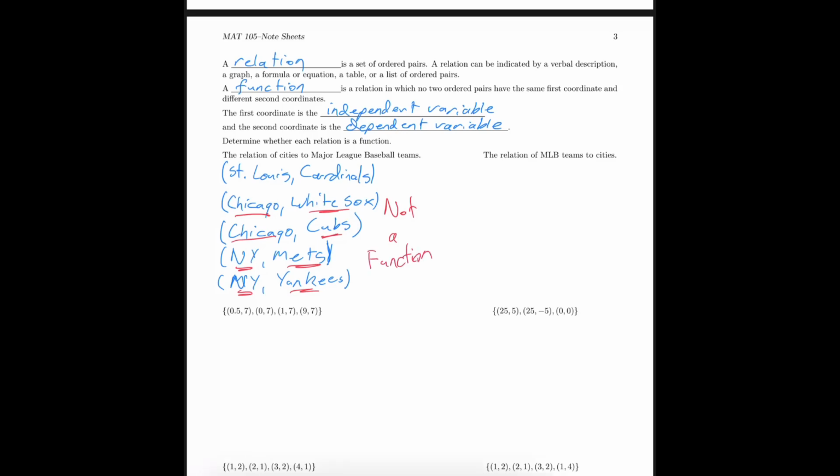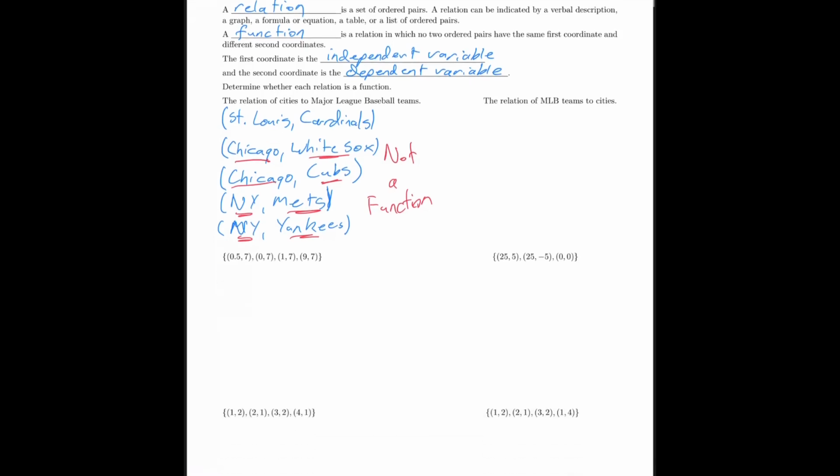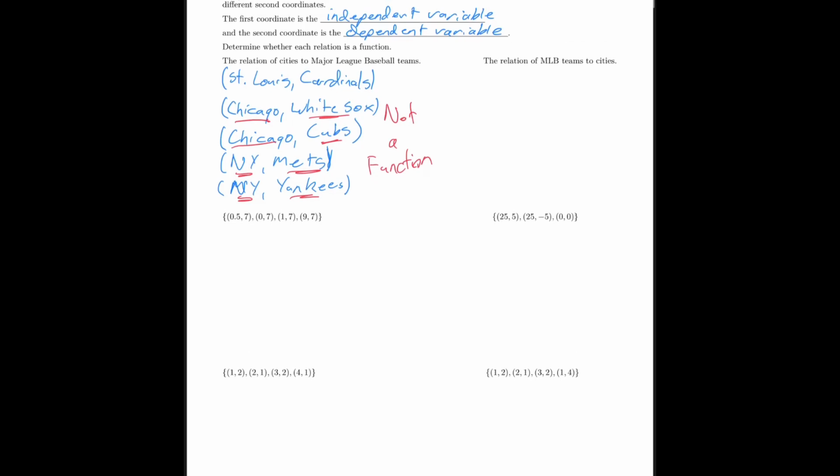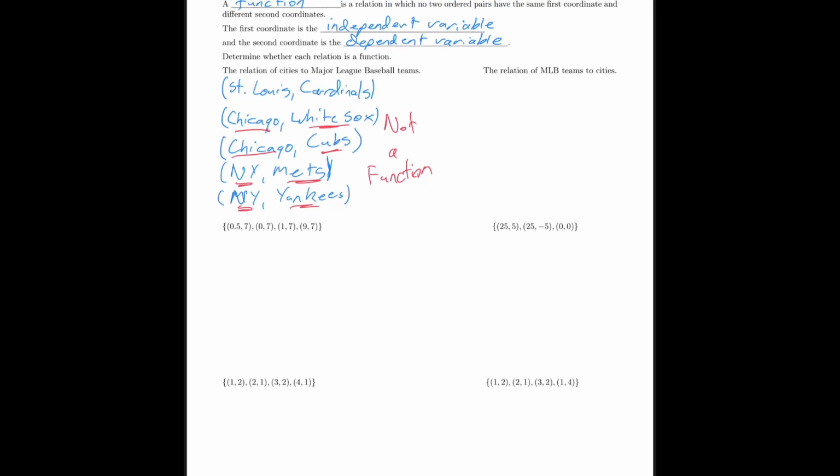Okay? If we look at a similar question, but with numerical ordered pairs, if we look at these four ordered pairs here, we'll see that all of the first coordinates are different. Even though the second coordinate gets used every time, the first coordinates are all different. Therefore, this is a function.